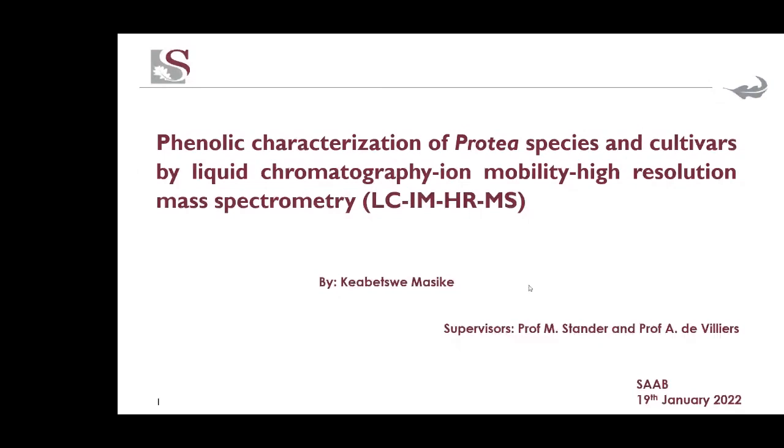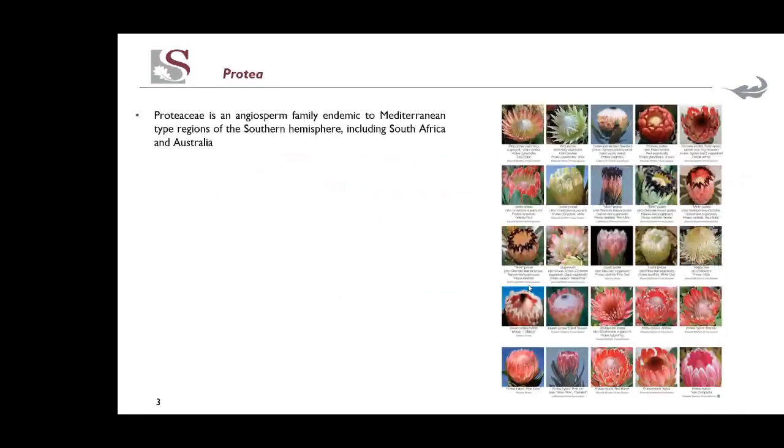Now, the Proteaceae family is endemic to the Mediterranean type regions, such as parts of South Africa and Australia. Within this family, there are different species, about 1,700 species to be specific.